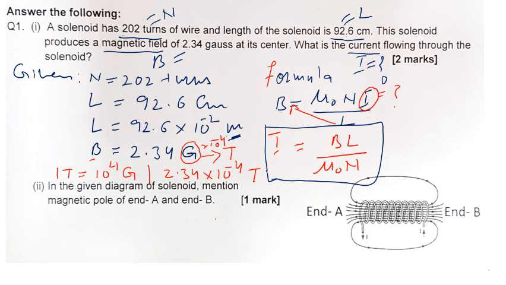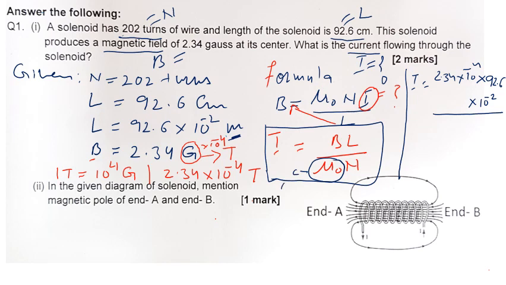So now here we can put the values of the parameters. This I equal to, the value of the B is 2.34 into 10 to the power minus 4, and the value of the L is 92.6 multiplied by 10 to the power minus 2, divided by this mu naught. The mu naught is a constant, so the value will be given to you.